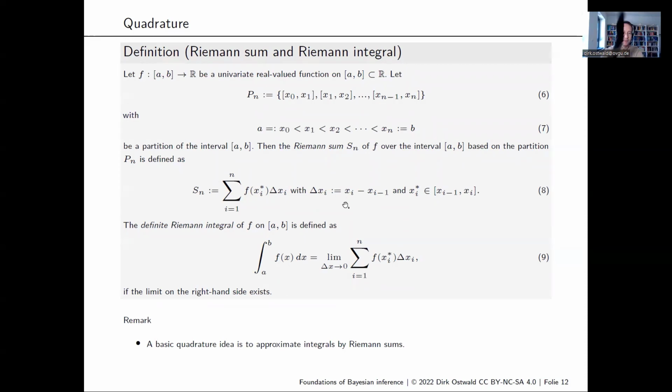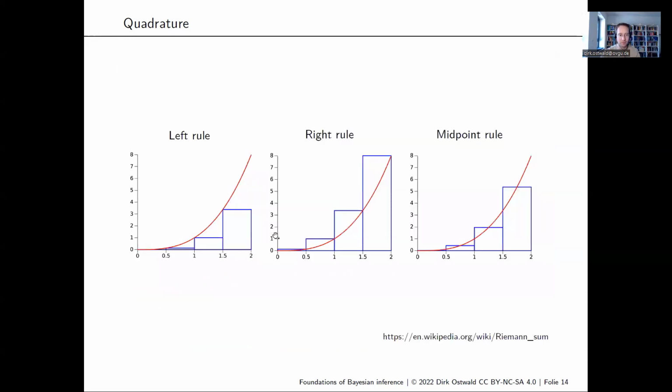And I already showed you three different things that you can consider. You have an interval from 1 to 1.5, and you can evaluate the function either at 1, or at 1.5, or in the middle.